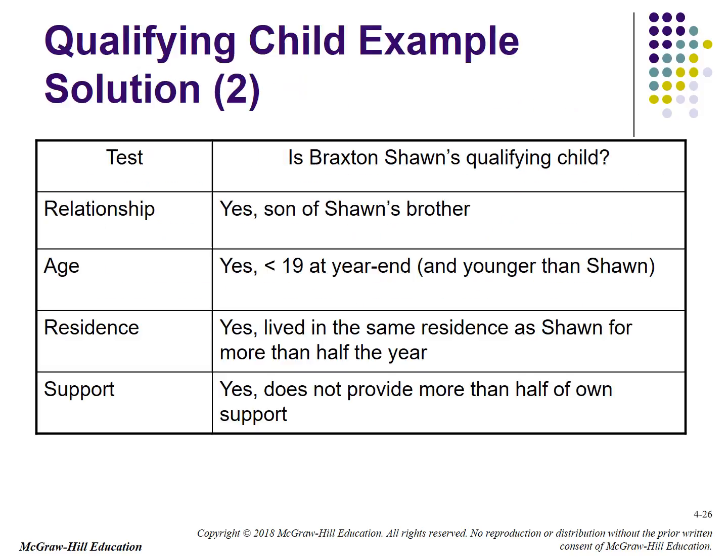Check this out. Yes, he meets the qualifying child test. Again, we assume Braxton's a U.S. citizen and that he isn't married. The relationship. Does he meet the relationship for Sean to claim him? Yes. He's the son of Sean's brother. Age. Is Braxton less than 19? Yeah.